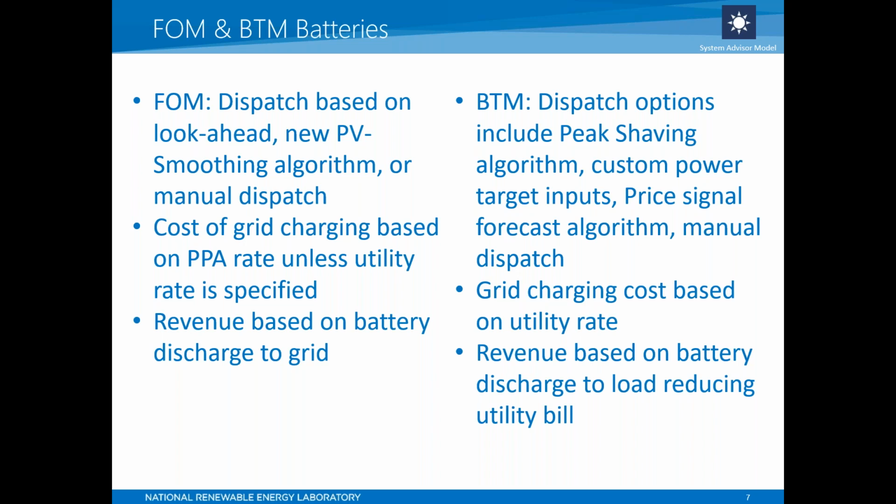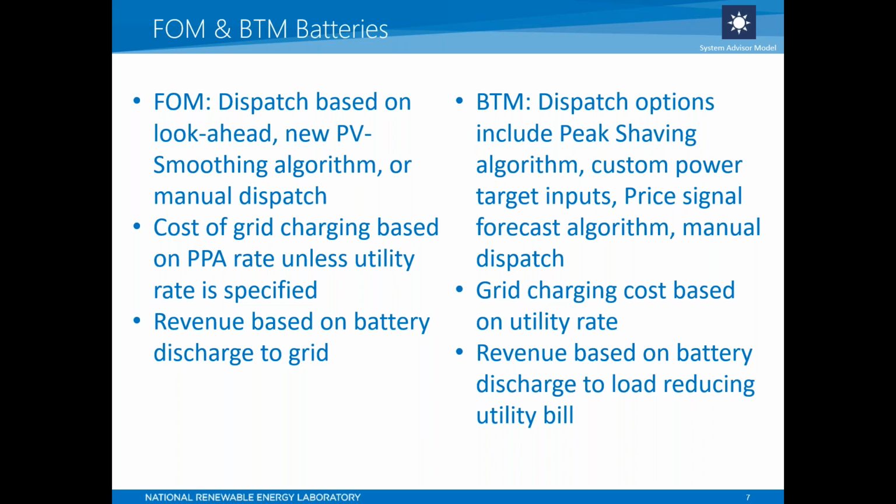The cost of grid charging for the battery, which is an important input to the levelized cost of storage calculations that I will discuss in a few slides, is based primarily on a PPA rate, unless for some financial models there's the option to specify these costs through utility rate definition. And the revenue from these front of meter batteries is based on the battery energy discharged to the grid.